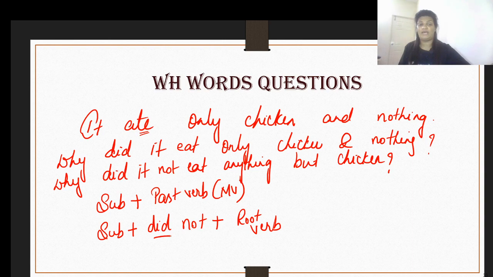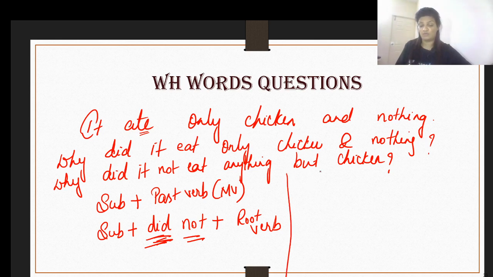Remember, when using did in a statement, it is important that you switch the past tense verb into root verb because the past tense has been covered or been expressed by the word did over here. The same rule applies in every single situation wherever you are using the word did.